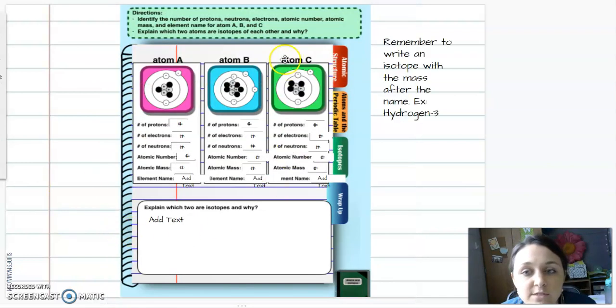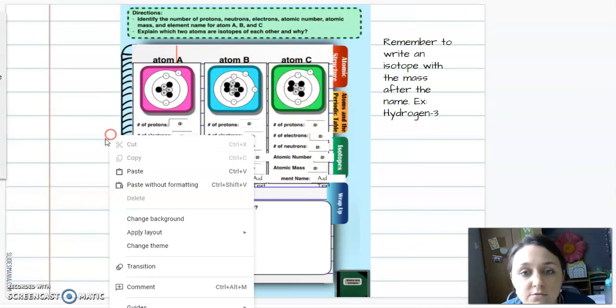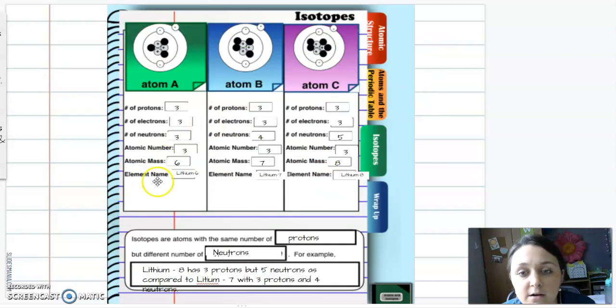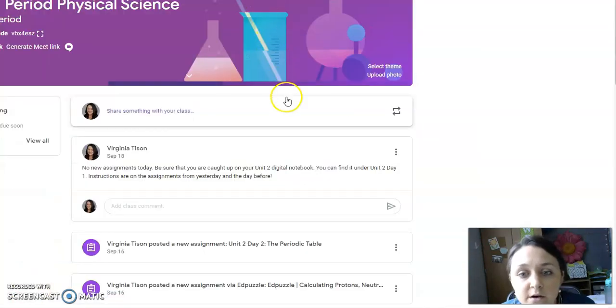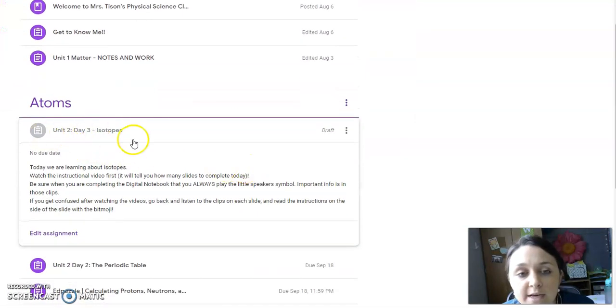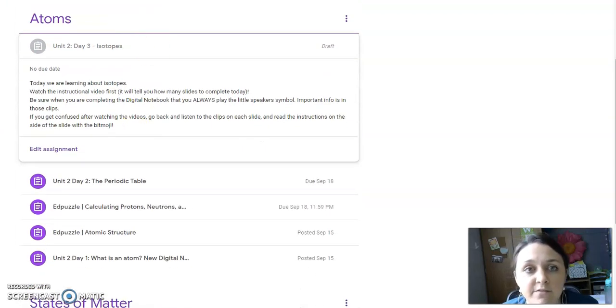All right, what I want you to do is go through these and do these on your own. If you need help, remember, your instructions will be off to the side, but you can always go back here and look at how we did that. All right, so your assignment will be right here under classwork. You're going to scroll down. You'll see Unit 2, Day 3. You're going to do just what I asked you to in the video.